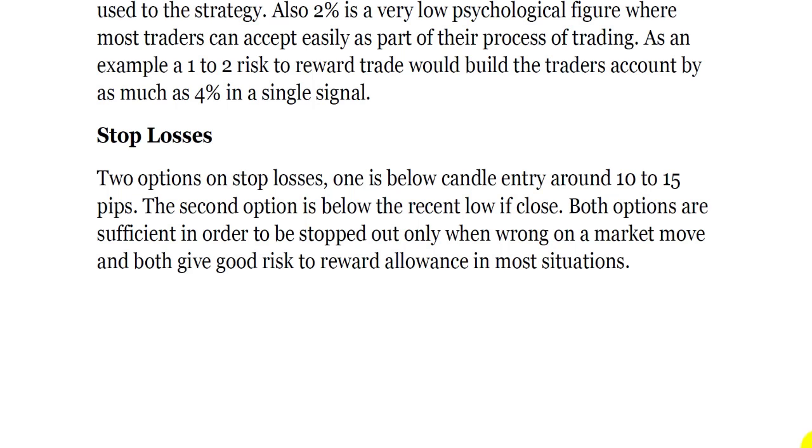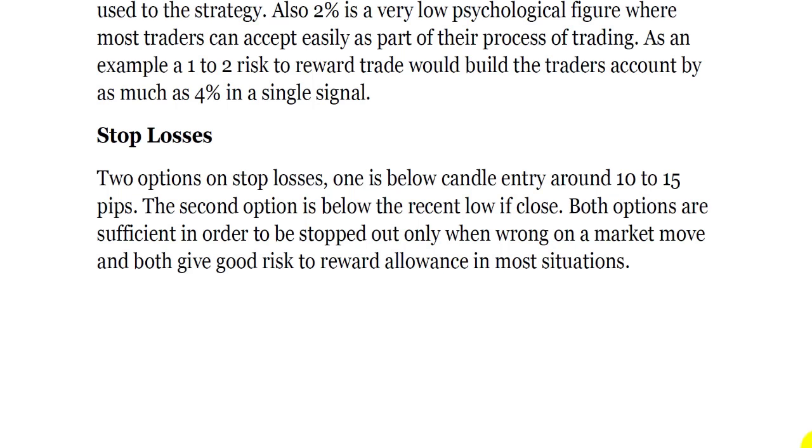Both options are sufficient in order to be stopped out only when wrong. And this is the important factor of stop losses. You want to put your stop loss in a position where you would definitely be wrong on a position. So this is why we place our stops where the market says we would definitely be wrong on that signal.